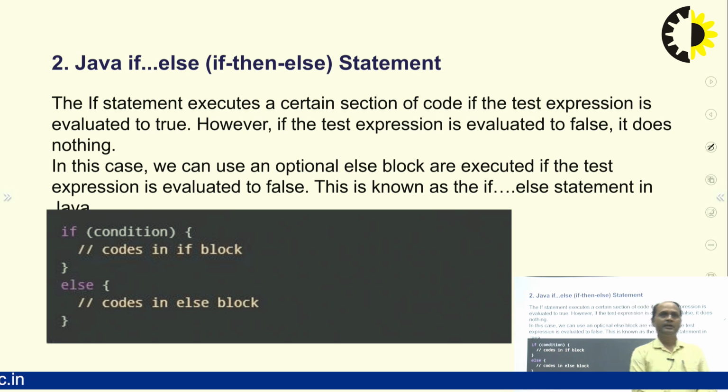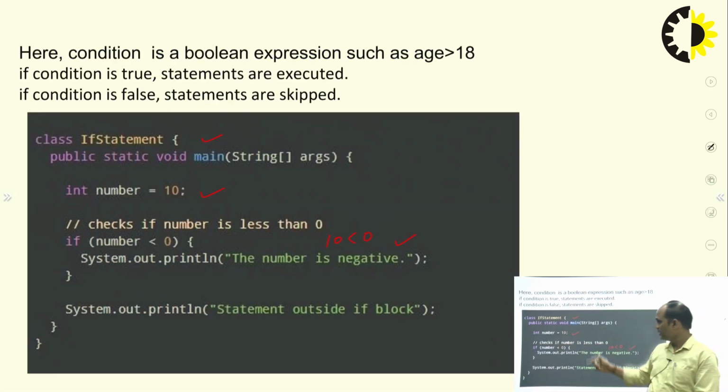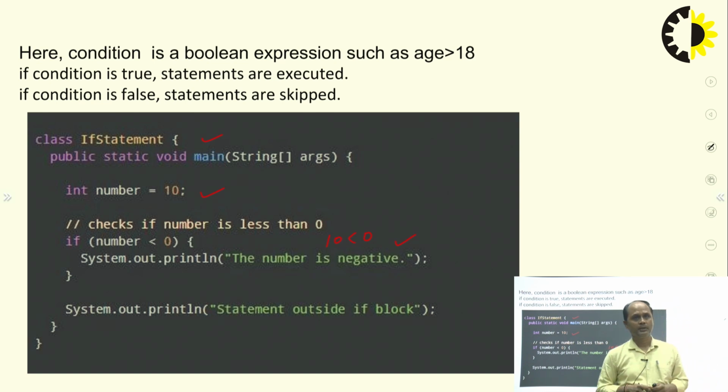That was the if statement, only if. If we want to handle more than one case with the if statement, then we use if-else statements for that purpose. How can it be used?